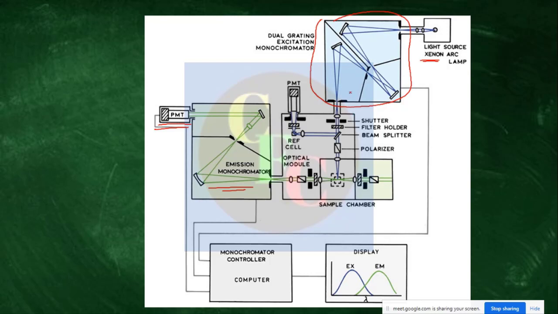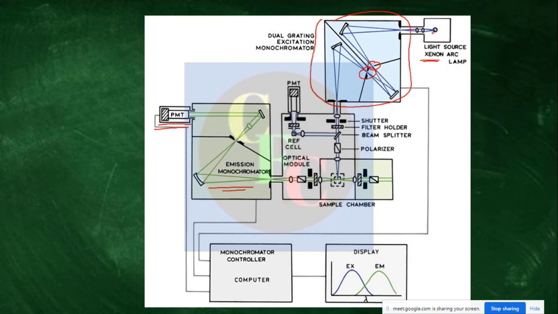Now, the grating in this excitation monochromator, as I said, can disperse light from 200 to 900 nanometer. The entrance and exit slits of this monochromator control the intensity and wavelength spread of the light.